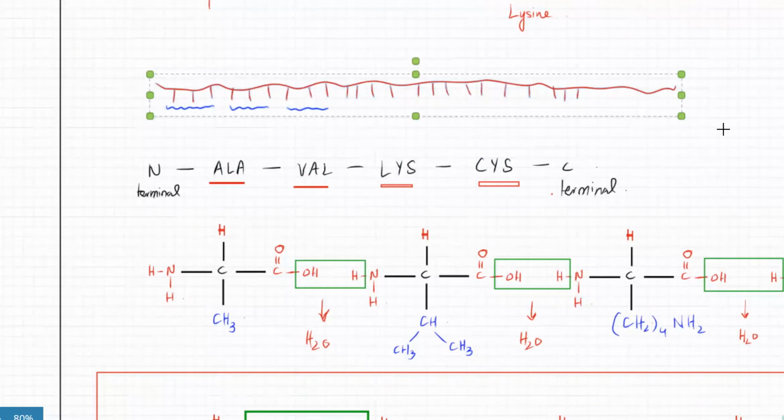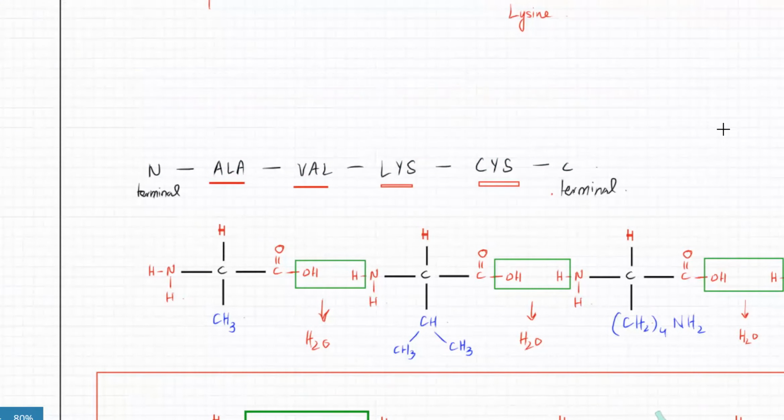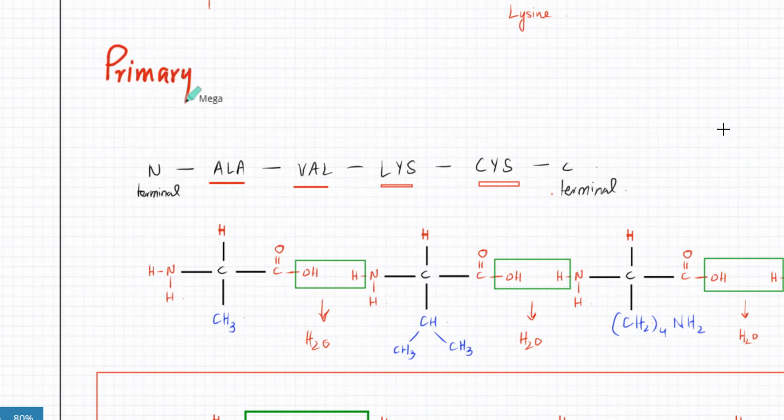Remember this, the human body stores all this information, like which amino acid comes in what position. It stores it in the DNA. Now, this first structure is referred to as your primary structure. Those taking bio might be familiar with this.